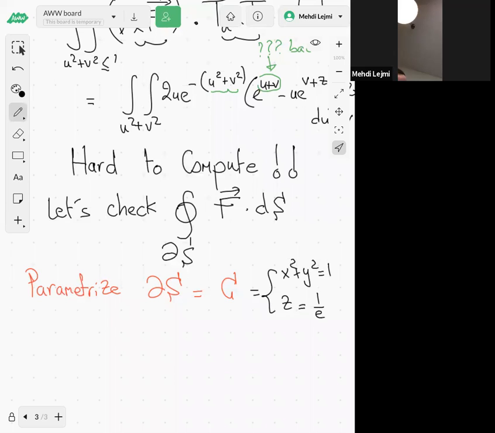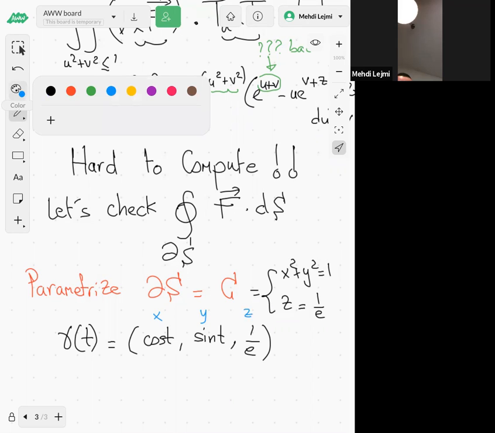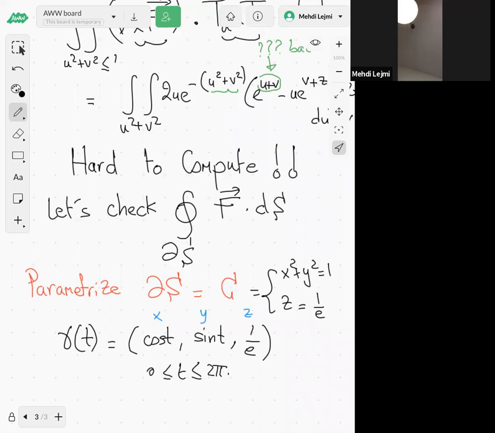So gamma of t would be cosine of t, sine of t, 1 over 8. Then x squared plus y squared will be 1, and z must be 1 over 8, because the circle is at the height z equals 1 over 8. Here is my x, this is my y, and here's my z. And of course, it's a circle, so t is between 0 and 2 pi.